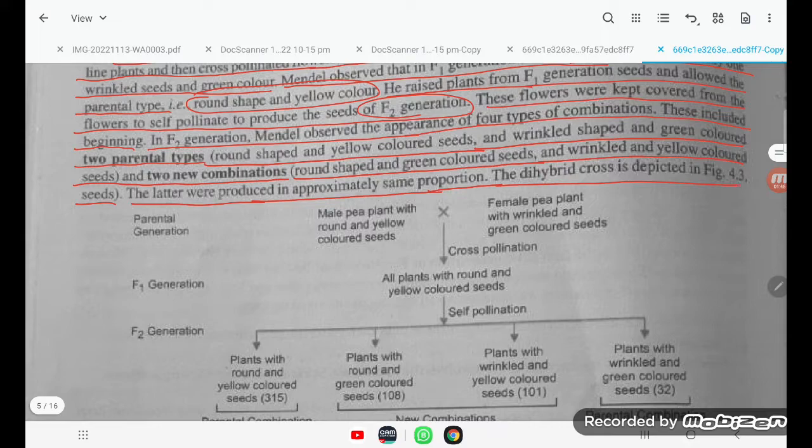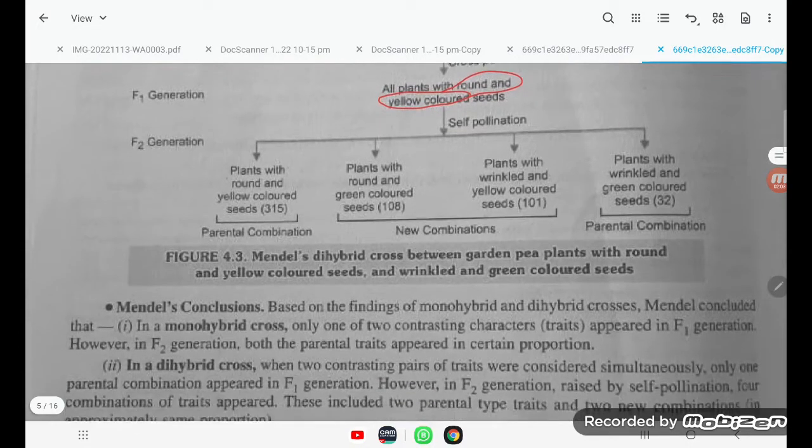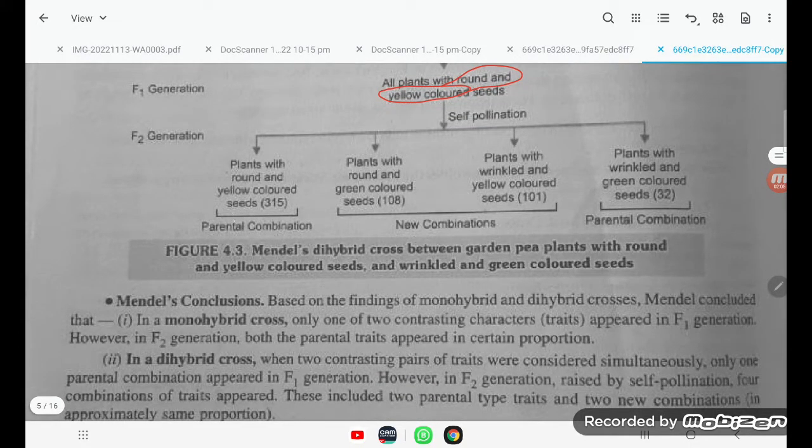The dihybrid cross is depicted in the figure. So here a round yellow, and that is wrinkled green. What color is coming, students? Round yellow all came. After that, in the F2 generation, self-pollination.